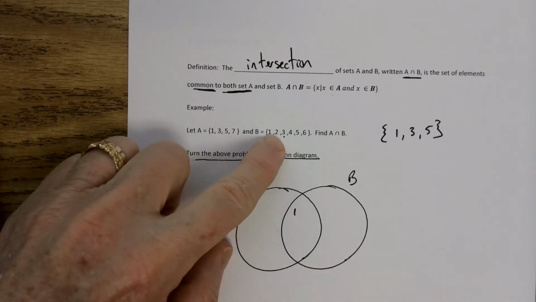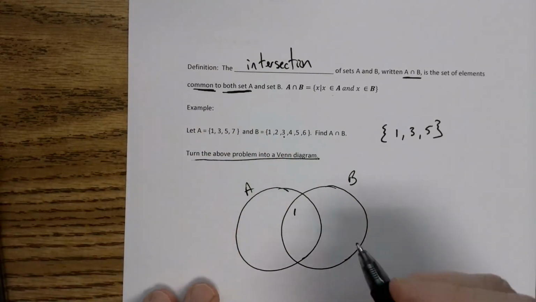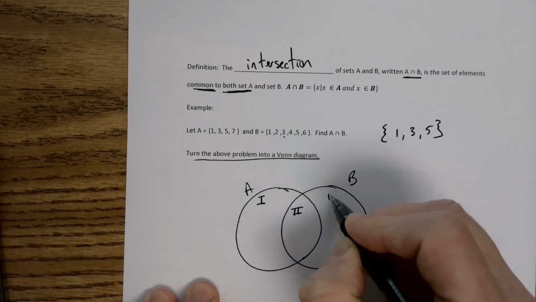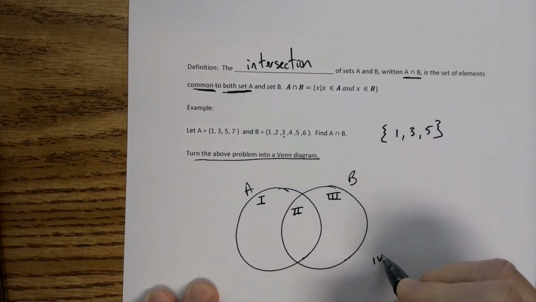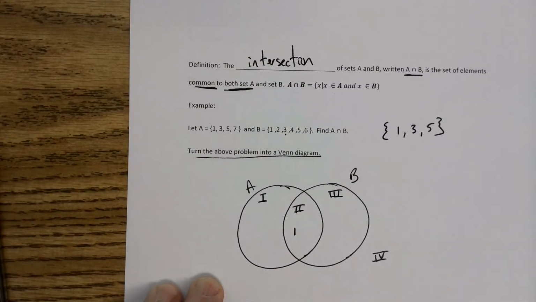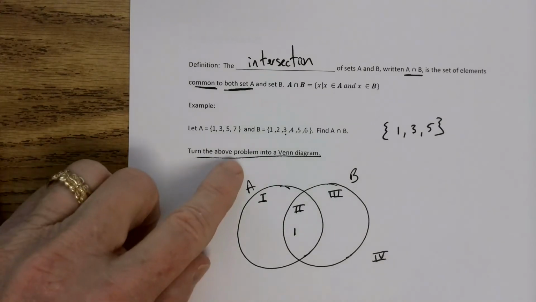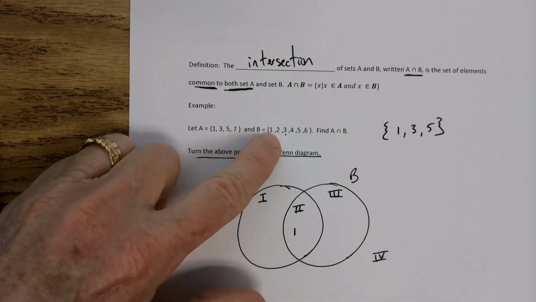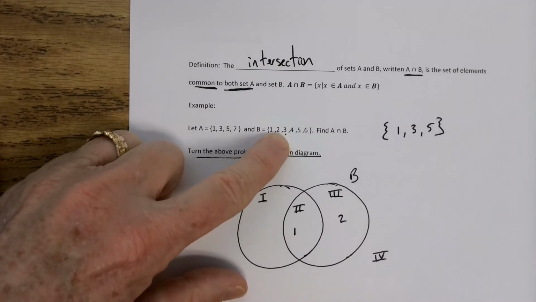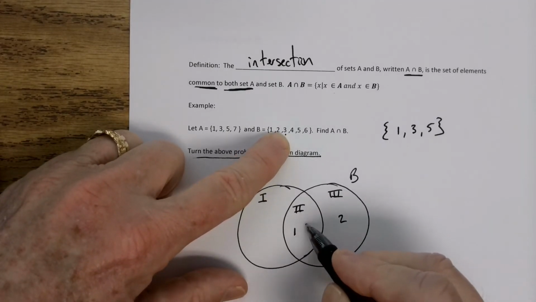So here's the best way to do it. Region 1, Region 2, Region 3, Region 4, and you said 1 goes in the middle, in Region 1. So where does 2 go? 3 goes in the middle.